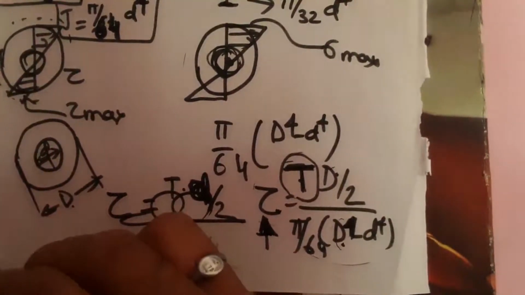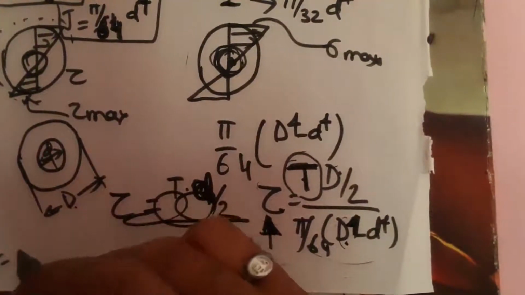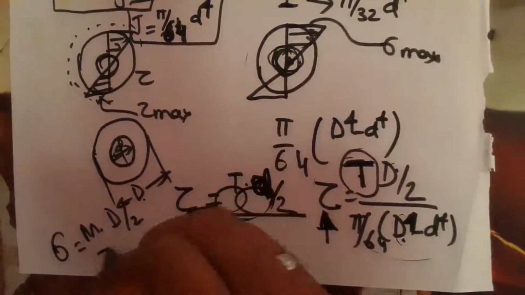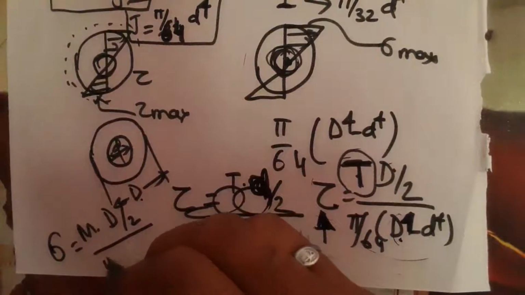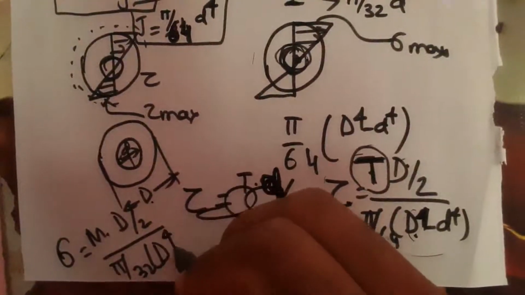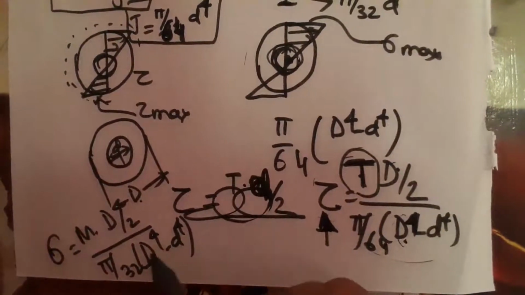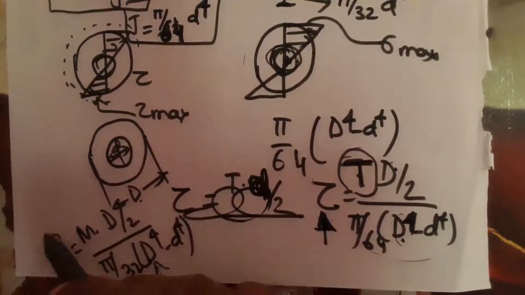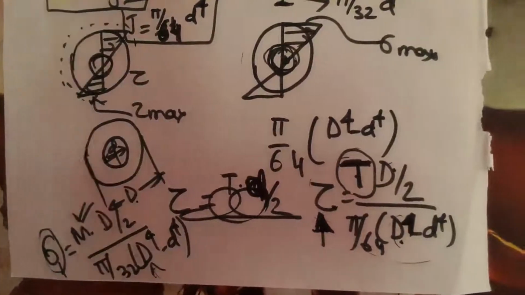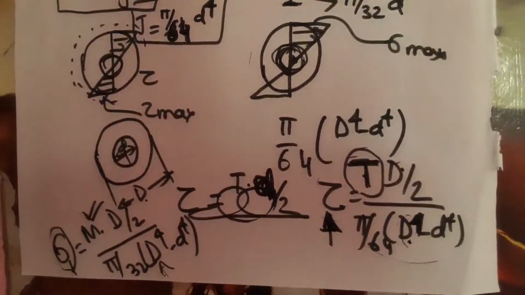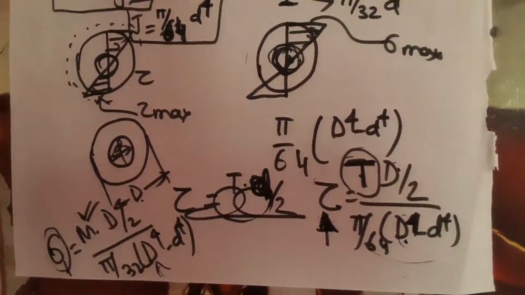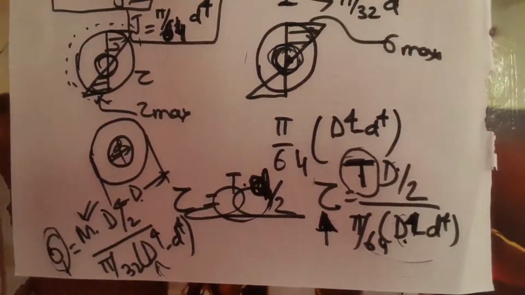Similarly, sigma is equal to M into D by 2 divided by pi by 64 into D to the power 4 minus d to the power 4. Again the denominator is increased, so for the same amount of material, the hollow shaft, having a larger diameter, can sustain more bending moment as well as more torsional moment.